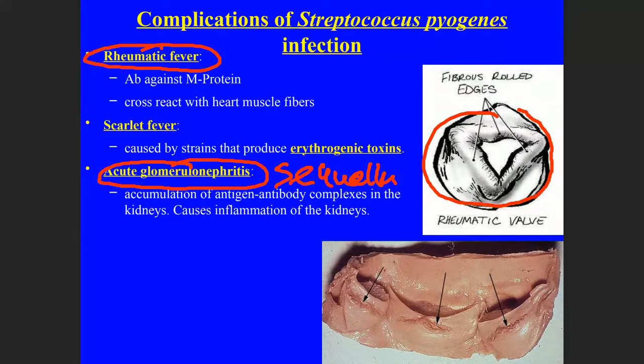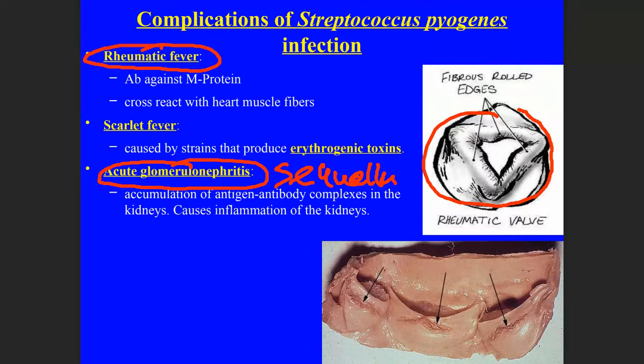The problem with these valves is they don't close fully, so you're going to get a lot of regurgitation of blood from the ventricles back into the atrium, and that could cause a lot of heart murmurs, and because the blood is not flowing properly through the heart, it makes the heart beat harder. Okay.